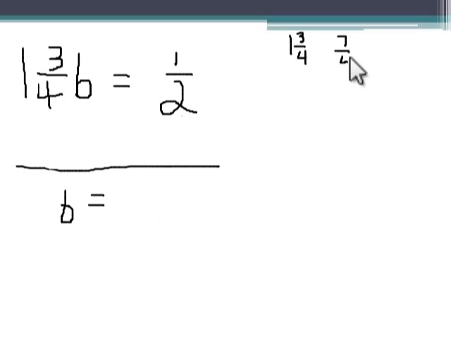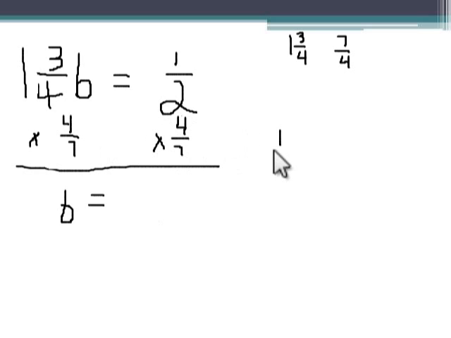But now remember, we're not going to divide by 7/4. Instead, we're going to want to multiply by the reciprocal. The reciprocal will be when we flip that. So we're going to multiply by 4/7. And we can probably do some canceling here.